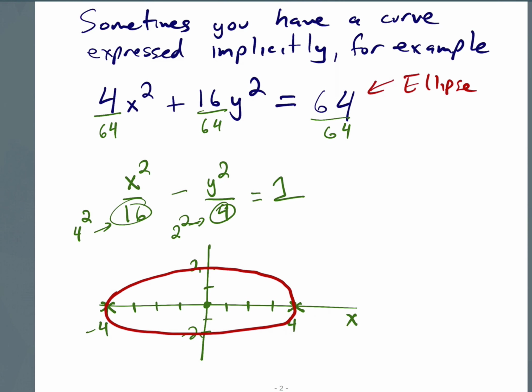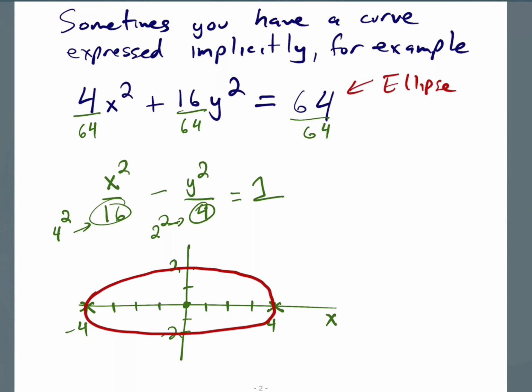So what do you do? This is what you do. Let's do it with the same ellipse. Let's say we want to evaluate y prime of x, or dy over dx. What is dy over dx again? The derivative of y with respect to x.